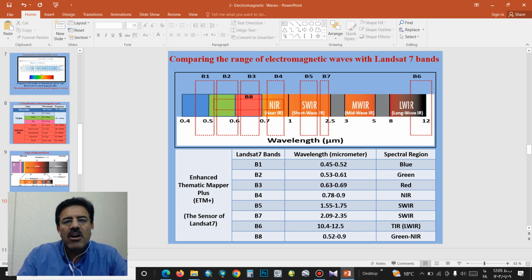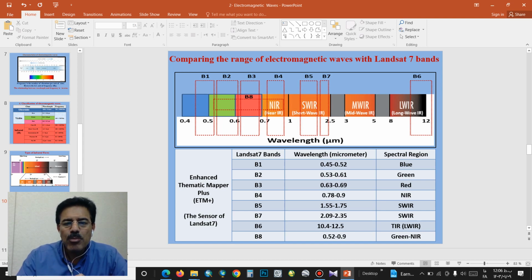Comparing the range of electromagnetic waves with Landsat 7 bands. Top is the number of band in Landsat 7 and down is the number of band, wavelength and spectral region.